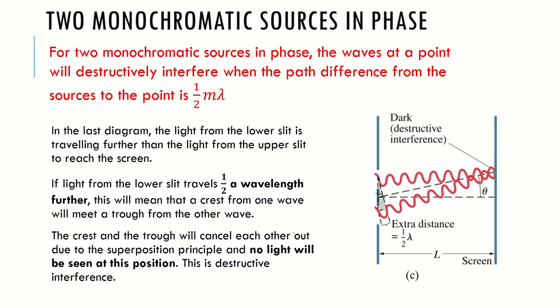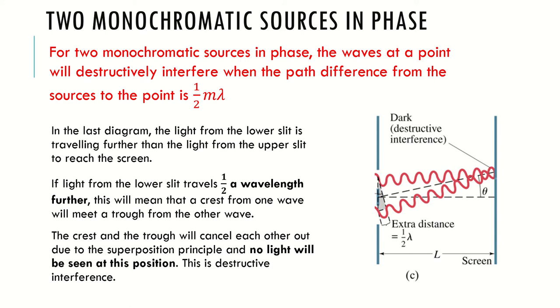Similarly, in this case what we have is that the path difference between these two light sources is now half a wavelength. So they're half a wavelength different, it's only half a wavelength.